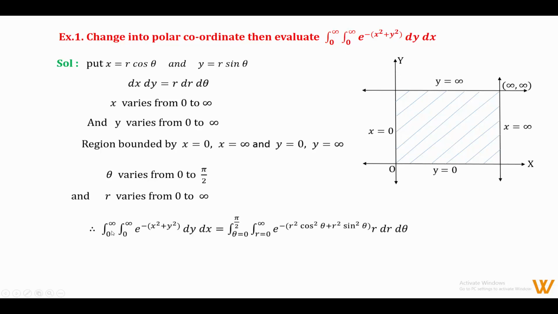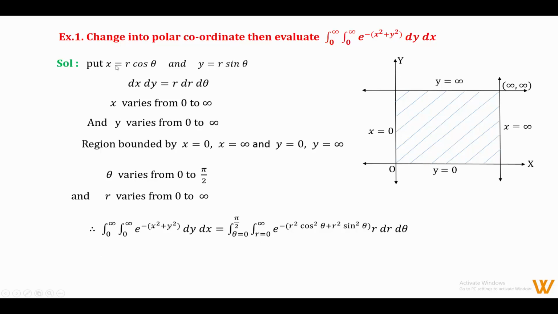Therefore, the given integration, 0 to infinity, e raised to minus x square plus y square dy dx, is equal to, now in polar form, integration theta varies from 0 to pi by 2. Next integration r varies from 0 to infinity, e raised to minus r.